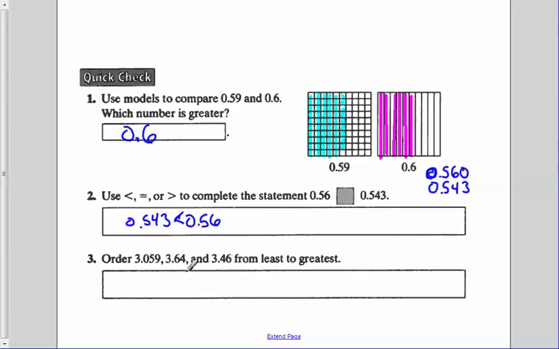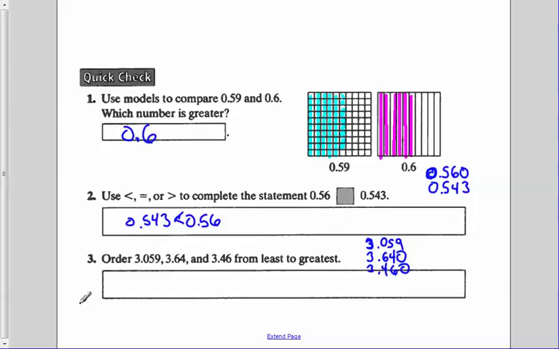And for number 3, we're comparing 3 different numbers, so I'm going to write them out just like we did for number 2. I've got 3 and 59 thousandths, and then I've got 3 and 64 hundredths, and I've got 3 and 46 hundredths. Putting my placeholder zeros in, all my 3's in my whole numbers are the same, so I look to my next, my tenths place, 0, 6, and 4.